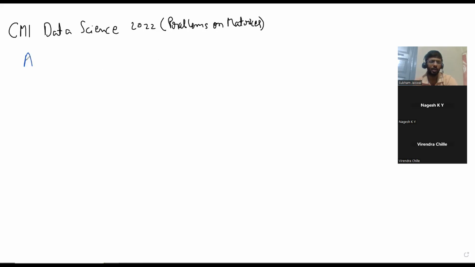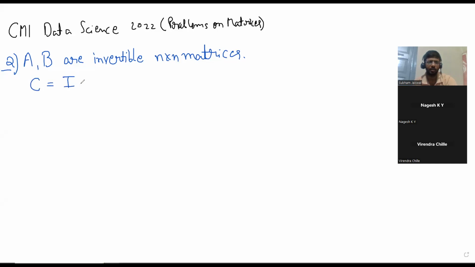So the question is, A and B are invertible n by n matrices. And C is defined in this way.